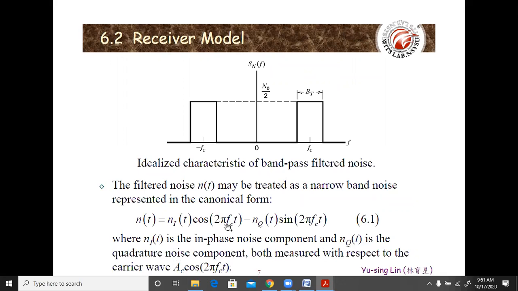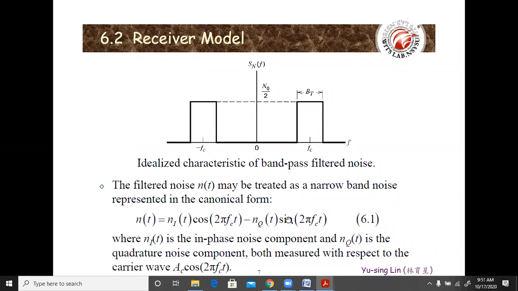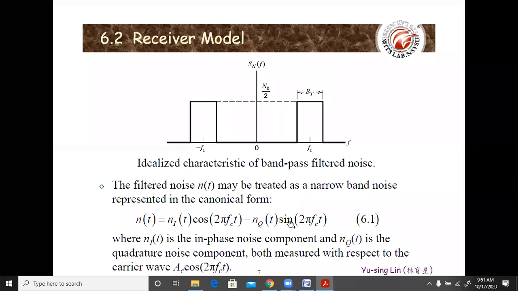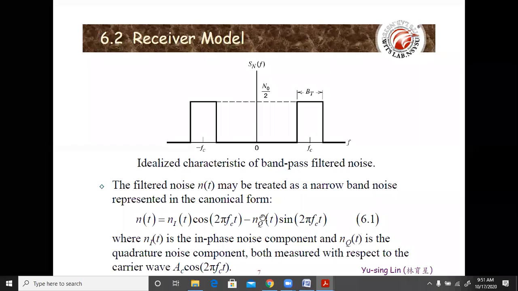So we are multiplying each one by the corresponding value. In-phase is the term used because we are multiplying by cos, and quadrature because we are multiplying with sine 2 pi FCT. So this is in phase with the carrier, and this is perpendicular to the carrier. That's why we call it the quadrature component.